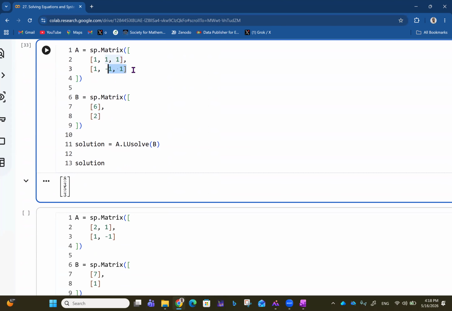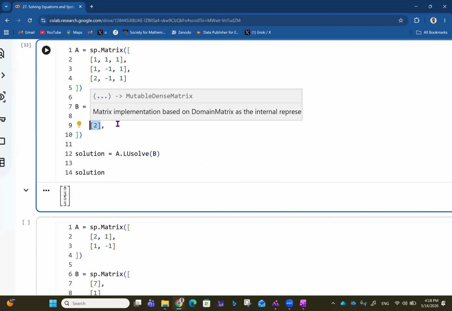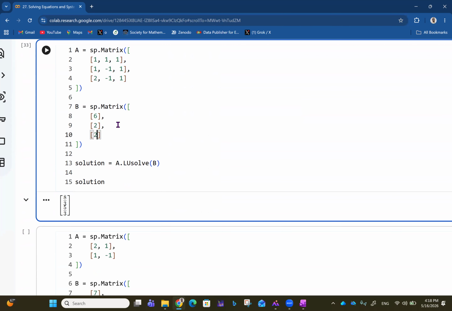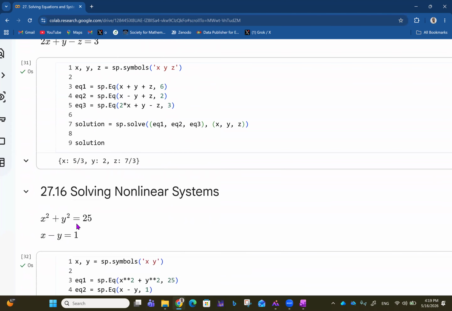So I can just copy this for the other rows. With this now, we can just solve, and we get 1, 2, 3. And that was the answer.